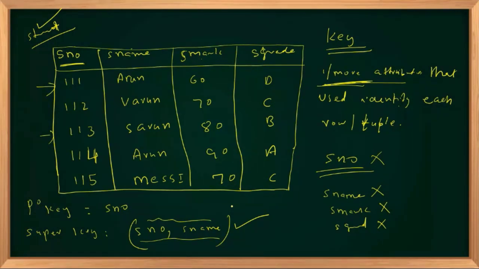Yes, compulsory. Because if we are not taking the student number, and are just taking the student name and student marks, then may it be called a super key or not?